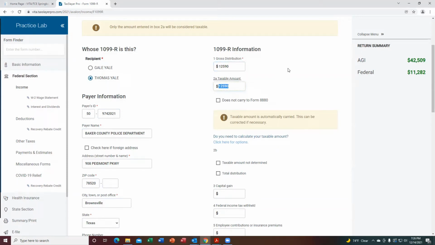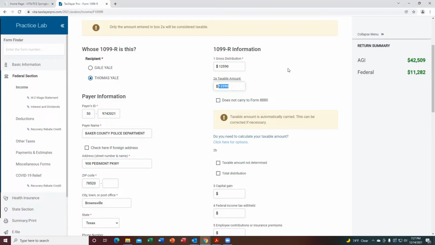Okay, so here I just need to mention a few things in regards to the form itself and the certification level. If you get this form from a client, if box 1 and box 2 are populated with the same amount, then a person in the basic level certification can do the return. However, if box 2, meaning the taxable amount, is not pre-calculated, then you cannot do it if you're in the basic level.